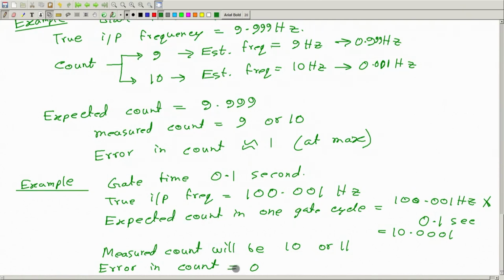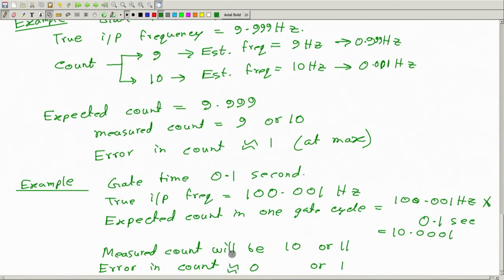So, this is 0.0001 or 0.999 something, and this too you can approximate as almost 0 or almost 1.